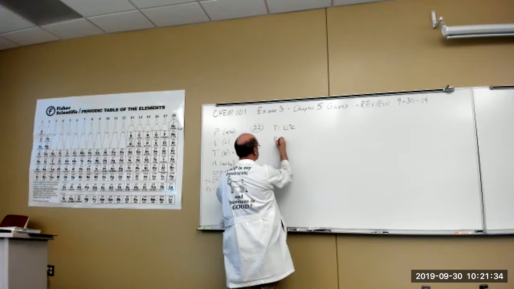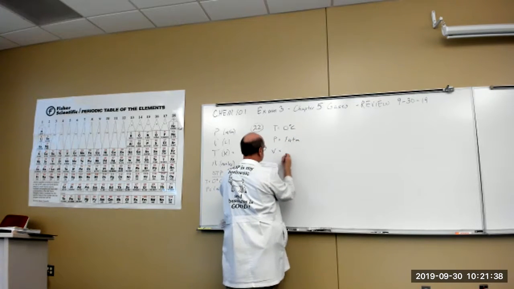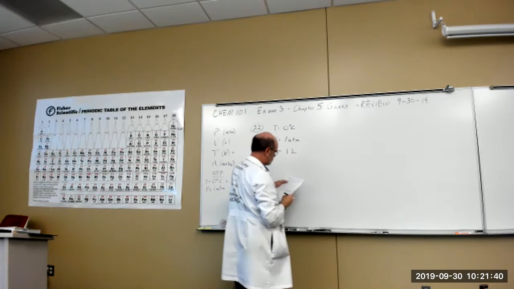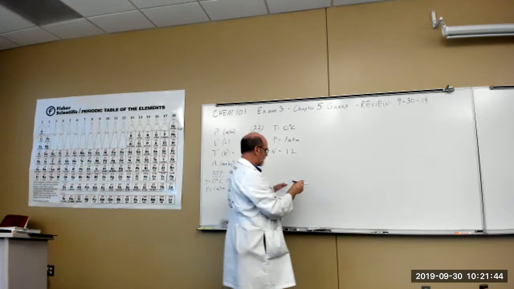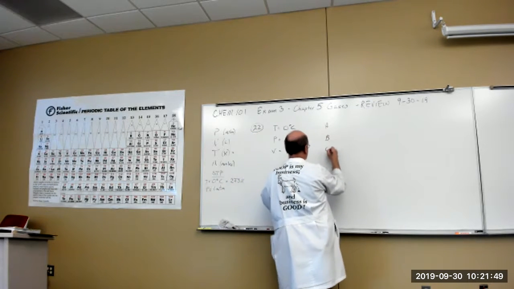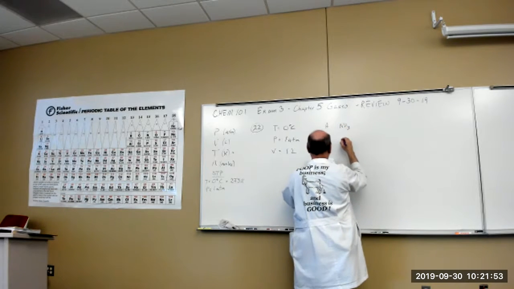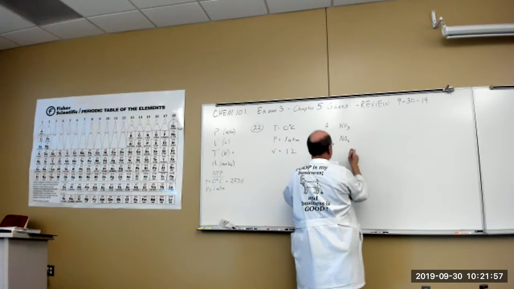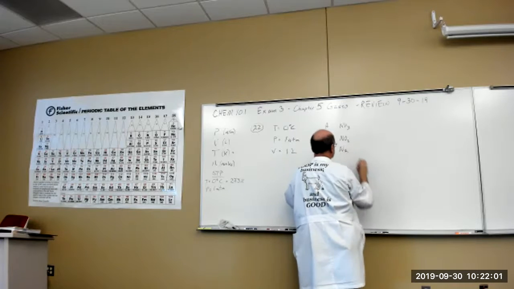Standard pressure equals that. Volume is given at 1 liter. And each of the gases in A, B, and C are ammonia, nitrogen dioxide, and nitrogen gas.